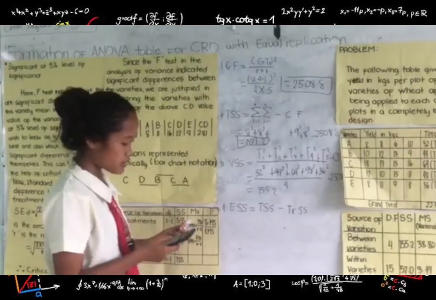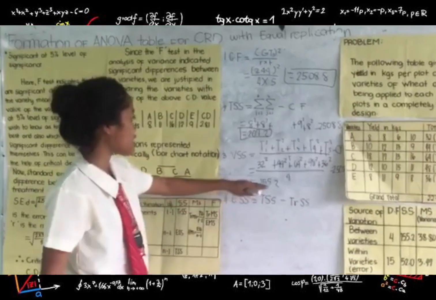For calculating the varieties sum of squares, we have our formula here.